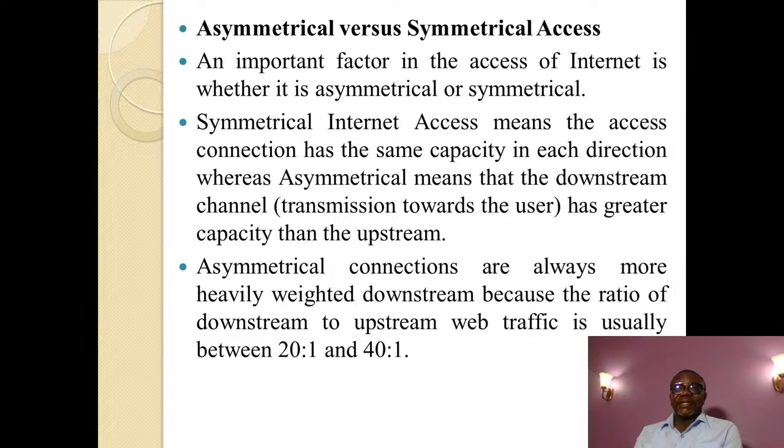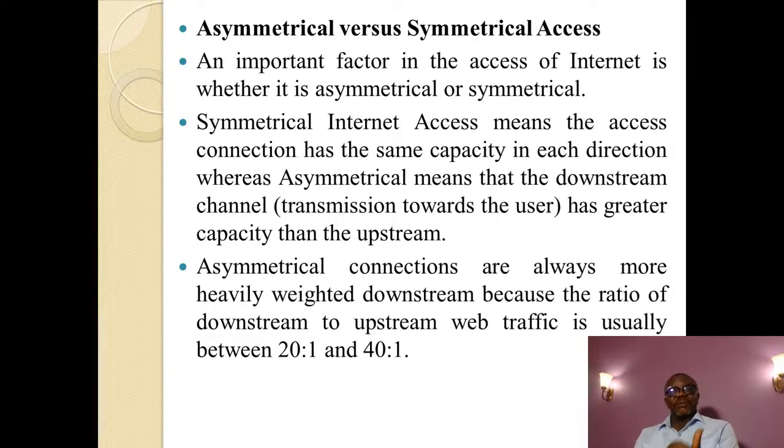Symmetrical internet access means the access connection has the same capacity in each direction, whereas asymmetrical means that the downstream channel, that is transmission towards the user, has greater capacity than the upstream link. We want to explain that.